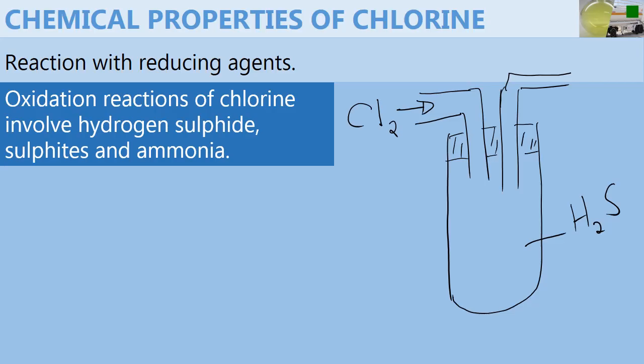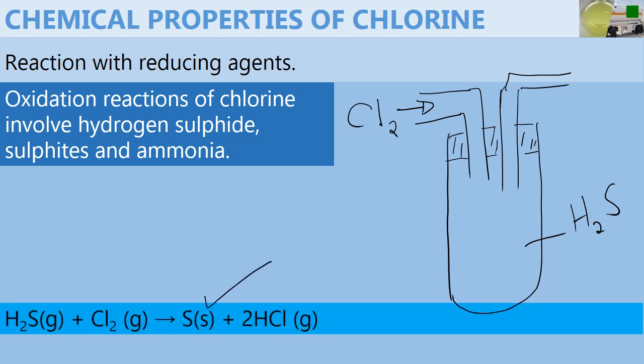When chlorine reacts with hydrogen sulfide, it forms sulfur and hydrogen chloride gas.